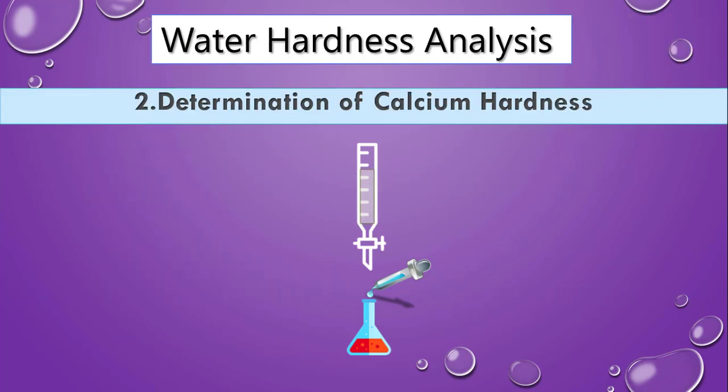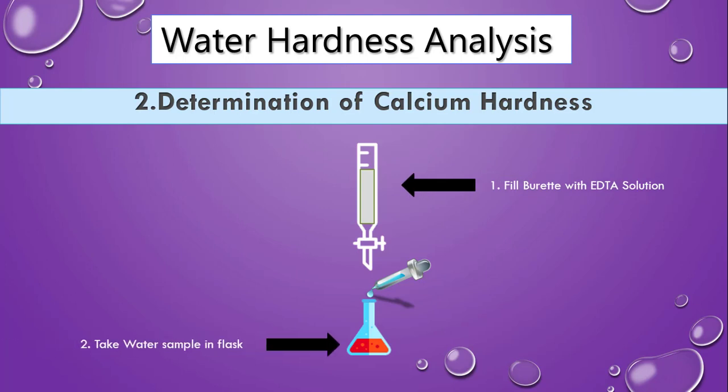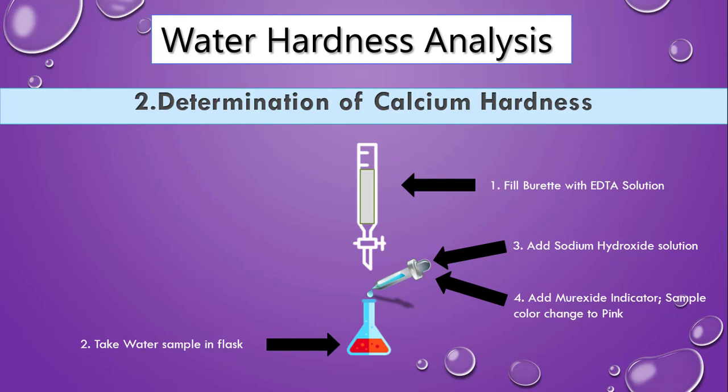Now we determine the calcium hardness. To determine the calcium hardness, follow the same procedure. Fill the burette with EDTA solution, take the sample in a flask and add sodium hydroxide solution instead of the ammonia buffer solution which we used in the total hardness analysis, and here add the murexide indicator.